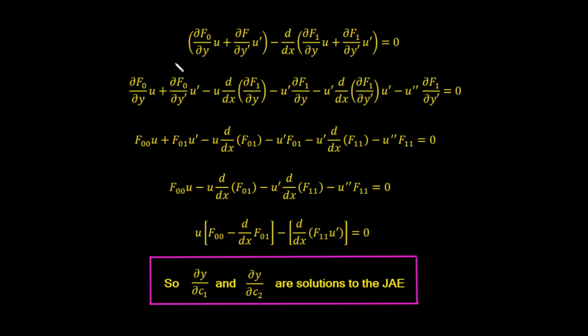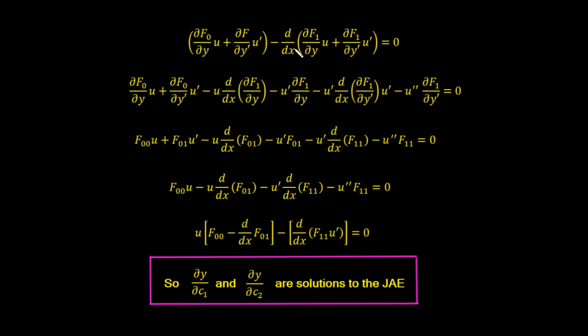So this term here is the same as this one, this term here is the same as this one, and these two here are the product rule for the differentiation. So I'll just talk through one of them, and you can work through the other yourself. So we're going to have the value of u, and we're going to differentiate our partial f1 by partial y.